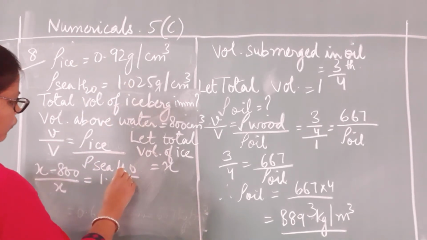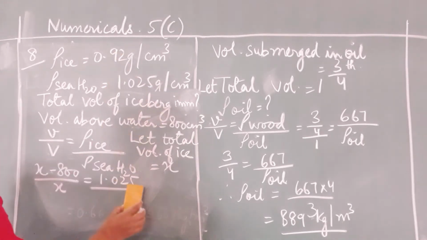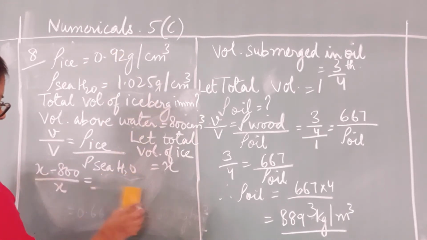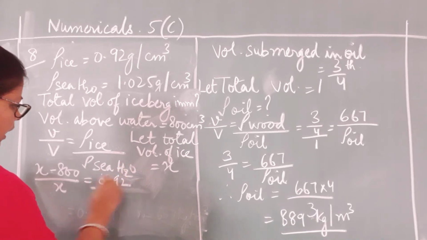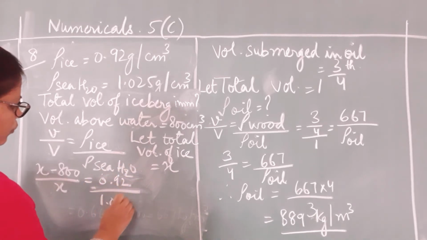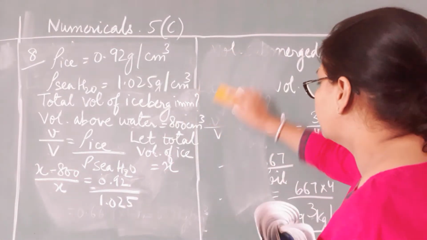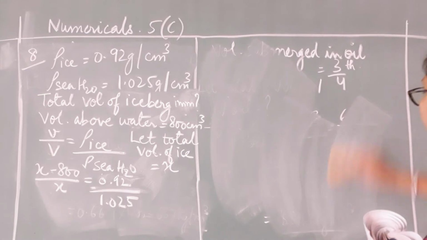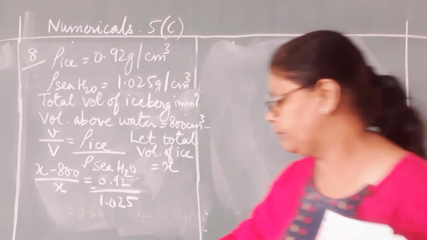I'm sorry children. Density of ice is 0.92 upon 1.025. Okay children, just have a look at the values which I have substituted in the formula and try to understand the different values substituted by me.